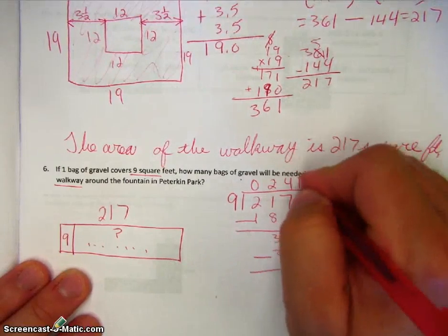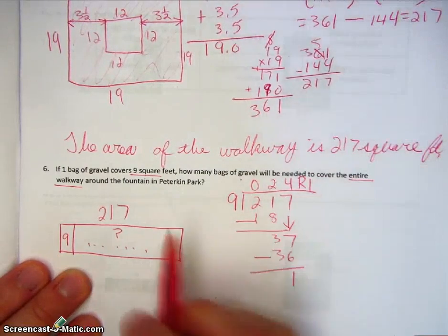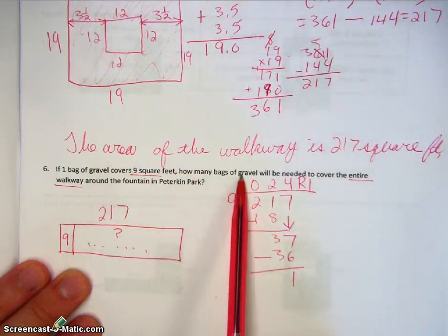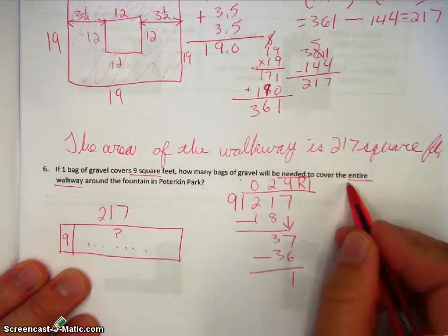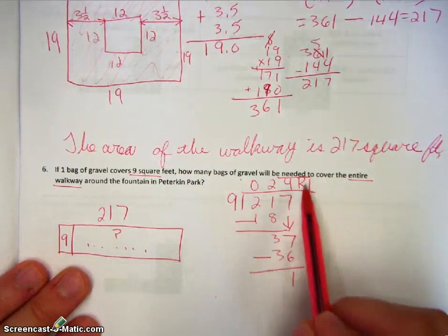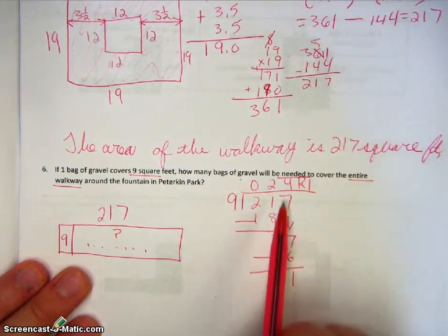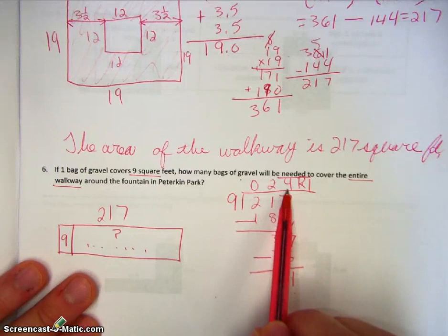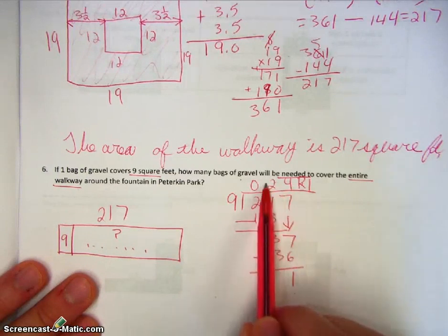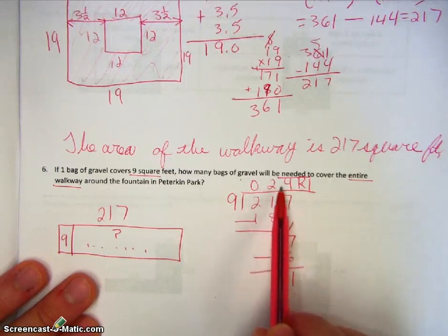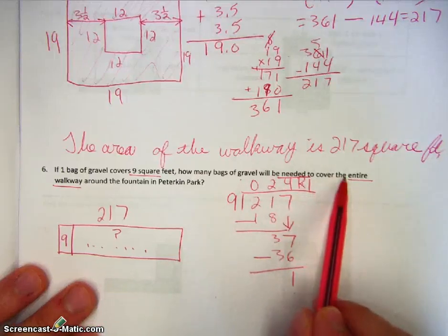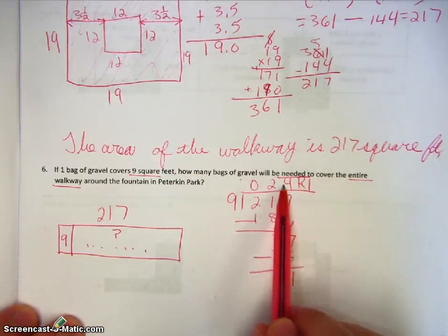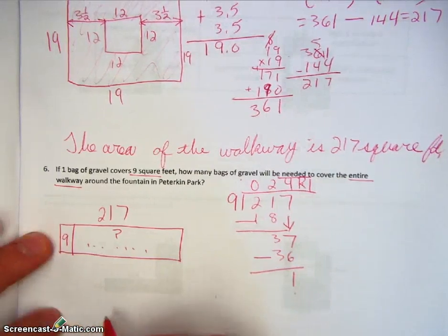Okay, now we see that we have a remainder of 1, so let's go back to the question. Okay, how many bags of gravel will be needed to cover the entire walkway? Now, we have a remainder, okay, which means 24 bags is not going to be enough. We're going to have 1 square foot left over. So because of that, we need to buy 1 more bag. So we're going to actually need 25 bags, not 24.